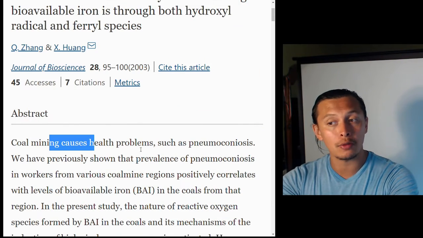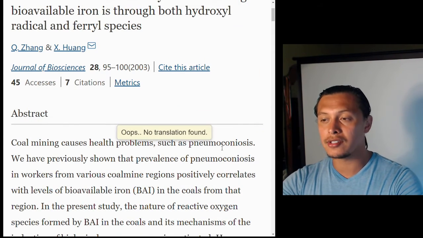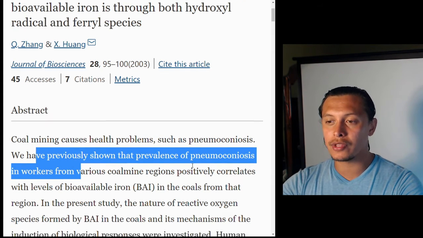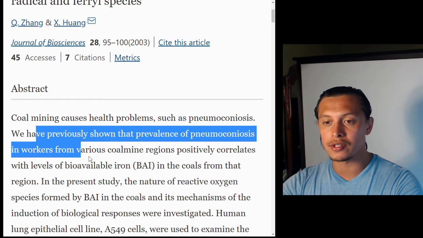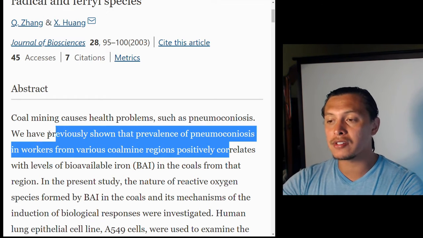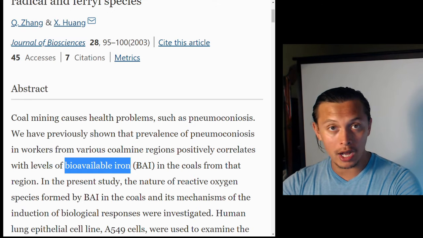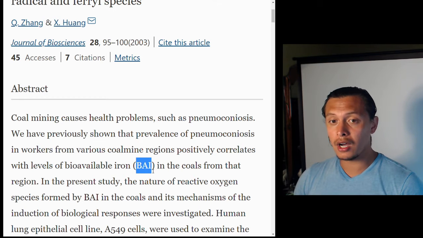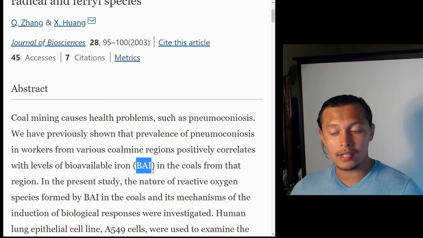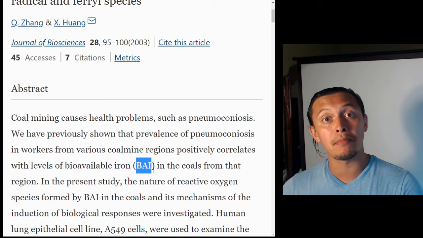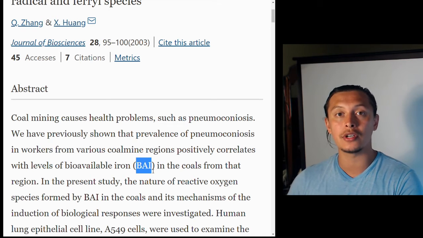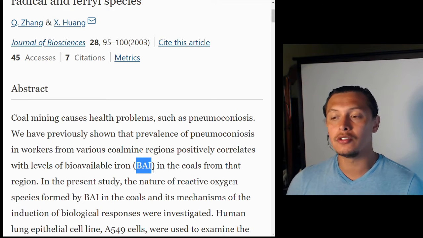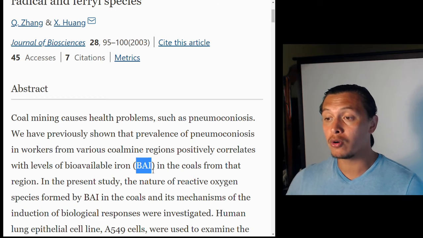Coal mining causes health problems such as pneumoconiosis, and we have previously shown that prevalence of pneumoconiosis in workers from various coal mine regions positively correlates with levels of the bioavailable iron, also known as BAI. Looking at a cohort of different miners, you can look at the bioavailable iron in those coal mines, and you can determine the likelihood or the severity of this pneumoconiosis. I can't pronounce it, I apologize, but pneumoconiosis.